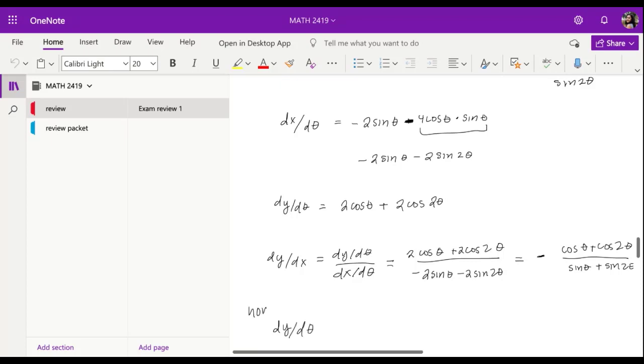For the points where dy d theta is equal to 0, we can set the numerator equal to 0 and make sure the denominator is not 0. We'll set each one individually to 0. So 0 equals cosine theta plus cosine 2 theta.